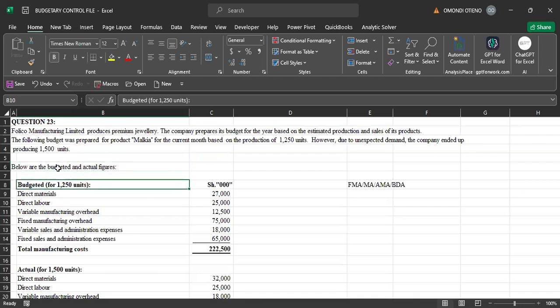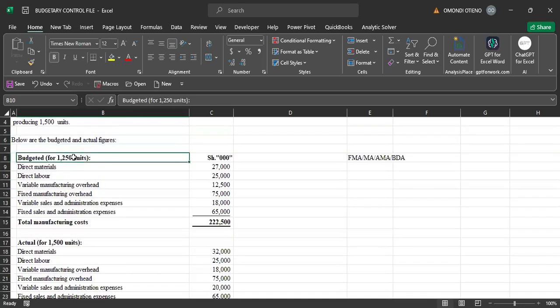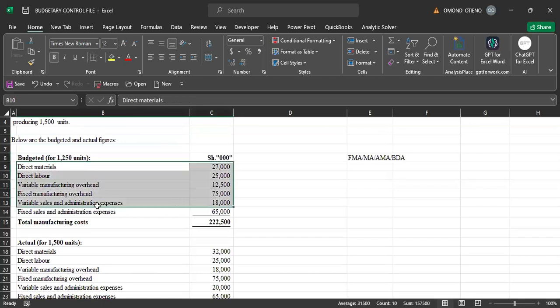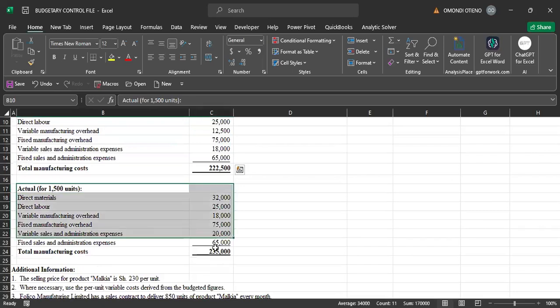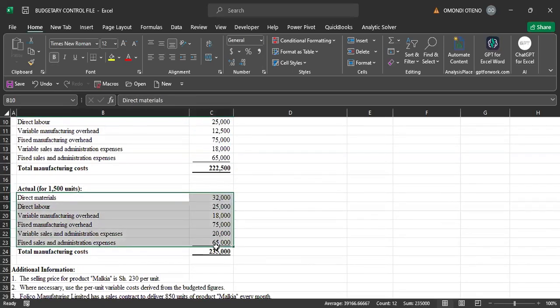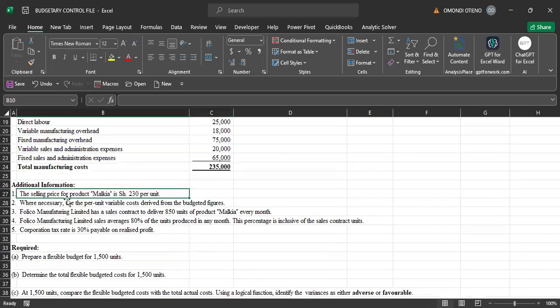So let's see what is given. We have below the budgeted and actual figures. So we have budgeted figures when 1,250 units were to be produced. So these are the costs or expenses incurred. Then if you look at the actual activity or actual production, we now have different sets of expenses. Under additional information, they say the selling price of product Malkia is 230 shillings per unit.